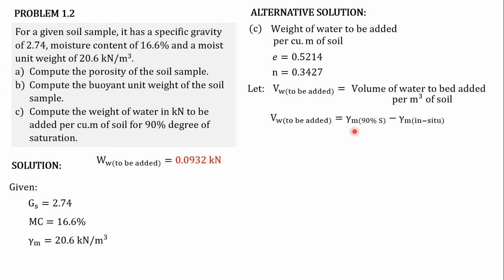Explain ko muna to. Yung moist unit weight niya is equal to 20.6 kilonewton per cubic meter.